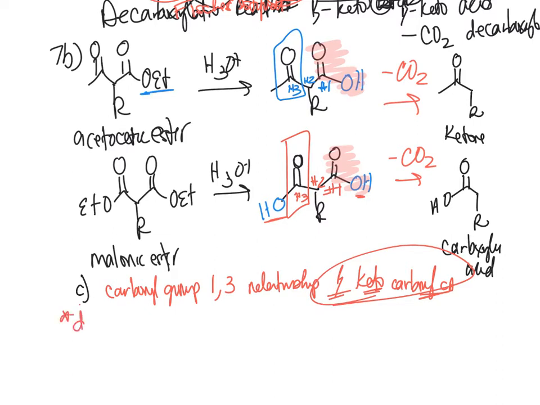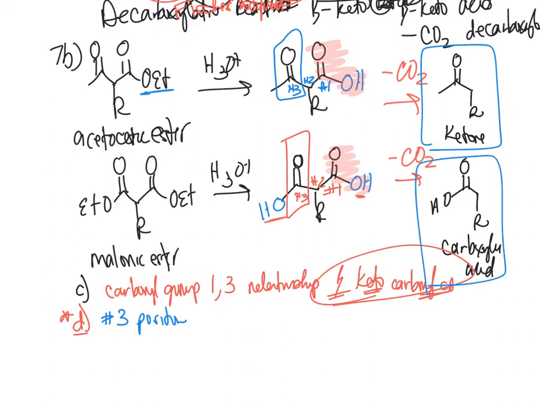Okay, I put a star by D. Carboxylic acids can undergo decarboxylation when a second carbonyl group is located at the, what did you say? The 3 position. That's right. Draw the decarboxylation products for each of the compounds shown in 7B. Okay, so that's this one here. Make sure you have those.